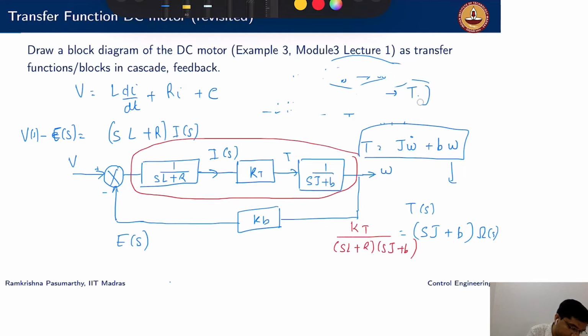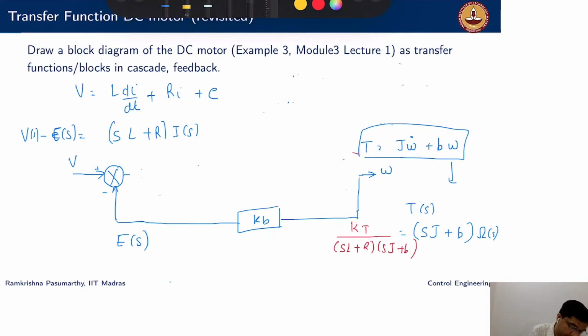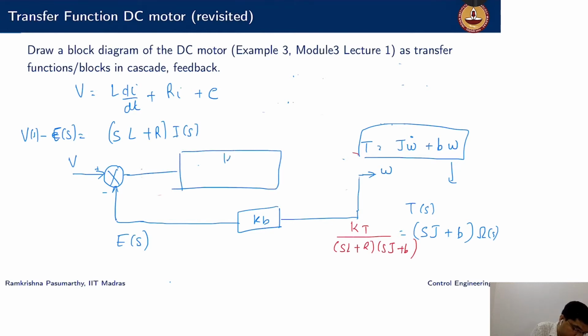So in the forward loop, this becomes KT over (sL plus R)(sJ plus B).